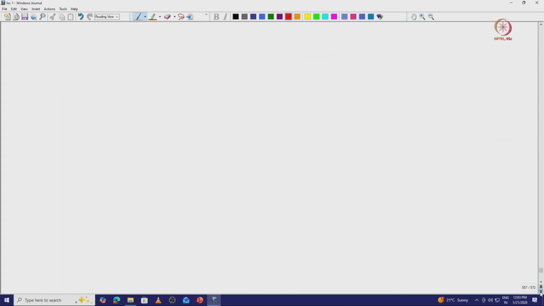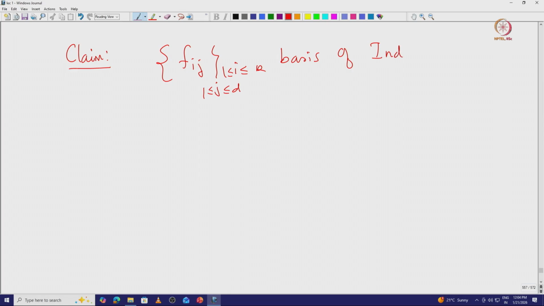Now it is not difficult to see that by definition the f_ij are all elements of this induced space. Actually, we claim that this indeed gives us a basis: the f_ij where i runs over 1 to k and j runs over 1 to d form a basis of this induced space.